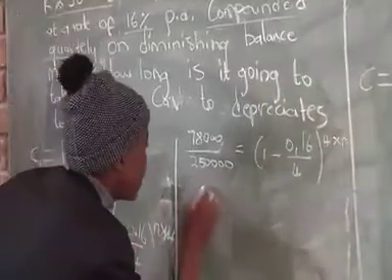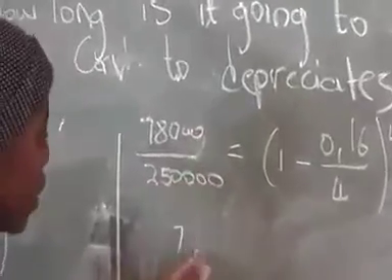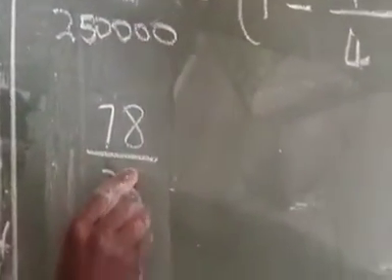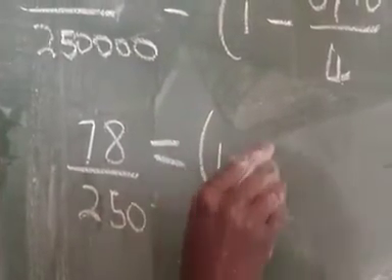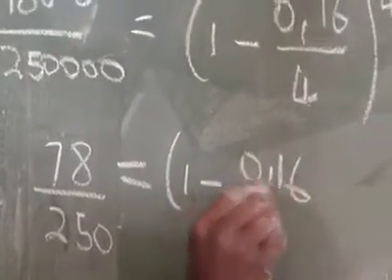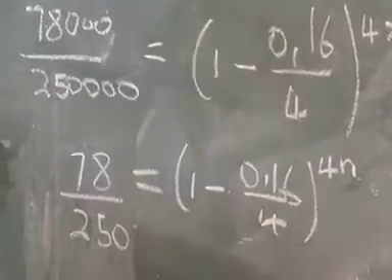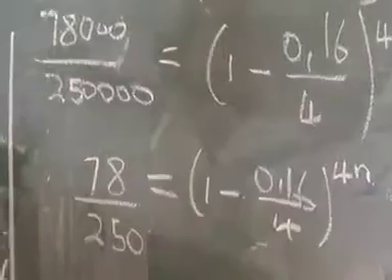So in simplified form, these are just going to cancel each other. We're going to be left with 78 and then 250, which equals (1 minus 0.16 over 4) to the power 4n. When applying the logarithm, you log this side and also this side.